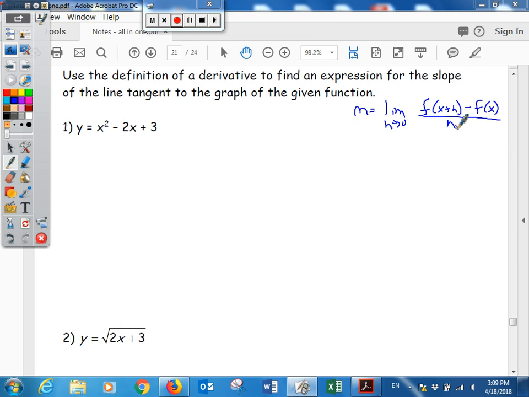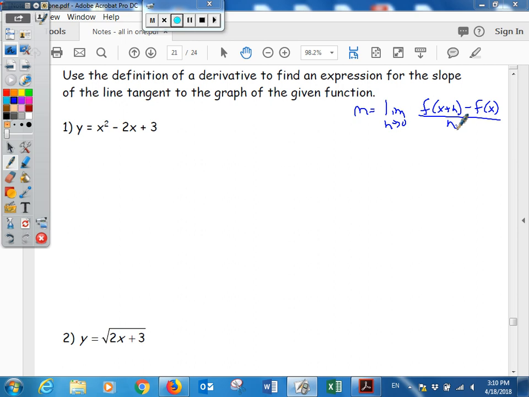We're going to use that formula, which is called the definition of a derivative, to find an expression for the slope of the line tangent to the graph of the given function. So what we're going to end up with is another equation, and it's going to be the equation that represents the derivative at whatever point you want to calculate.